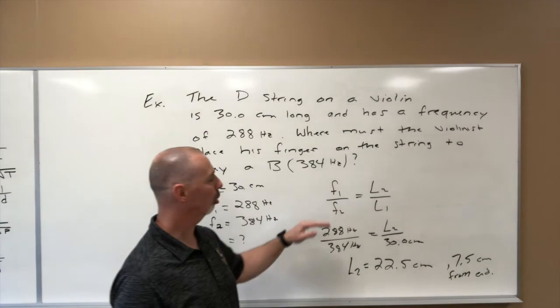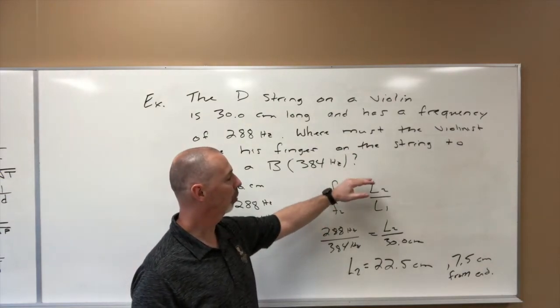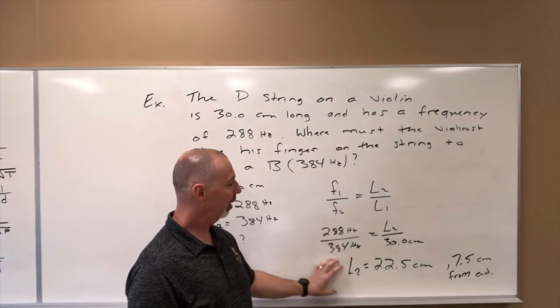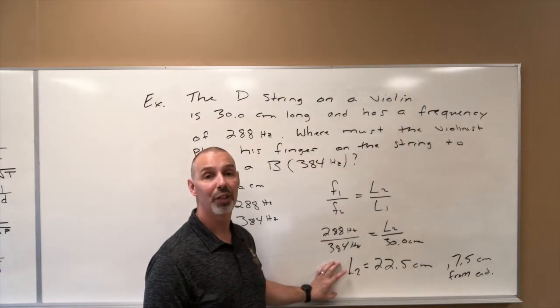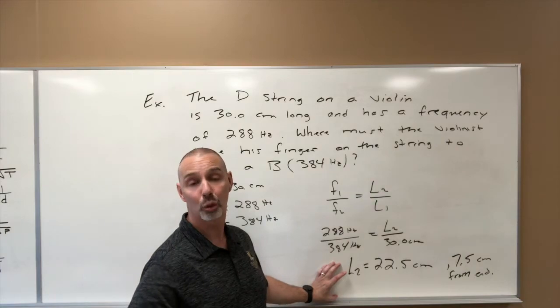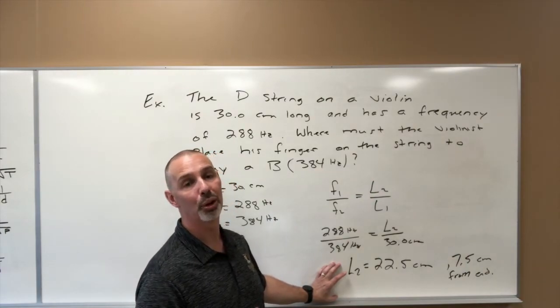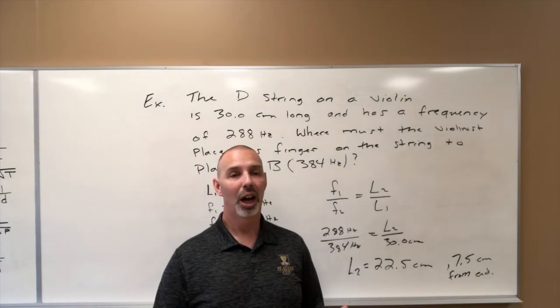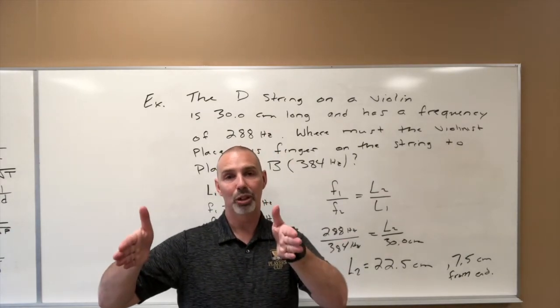Our formula from the other board, F1 over F2 equals L2 over L1. Plug in our information, and we will get L2 equals 22.5. So that means the string length has to be 22.5. So depending on which side you're coming from, your string length has to be 22.5.